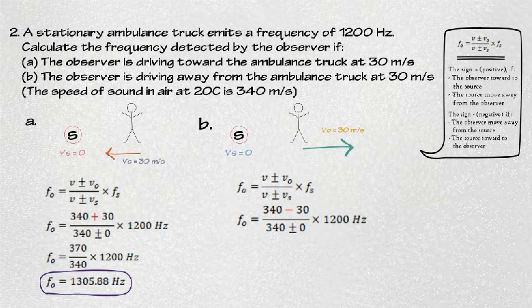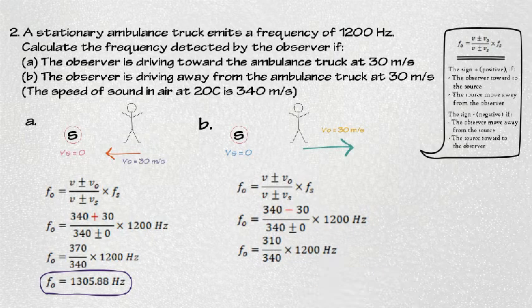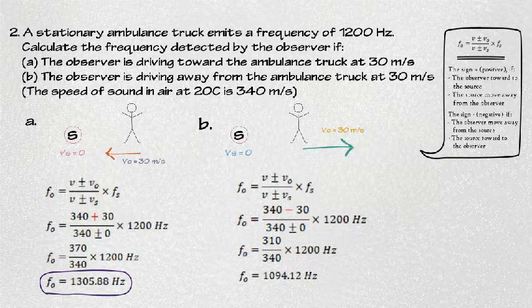So the velocity of the observer is a negative value because it moves away from the source. So the frequency of the observer is 1094.12 Hz.